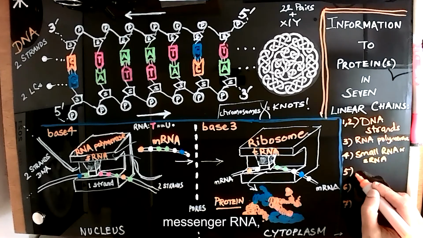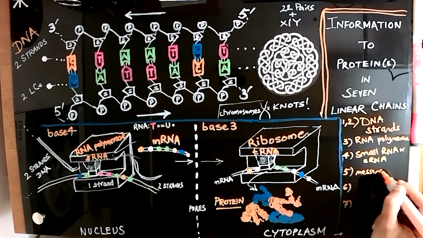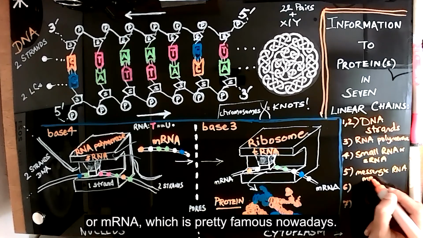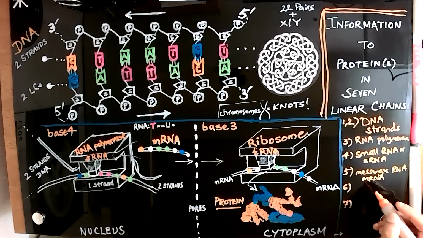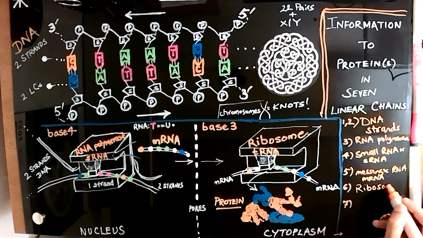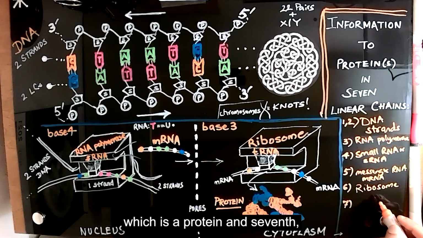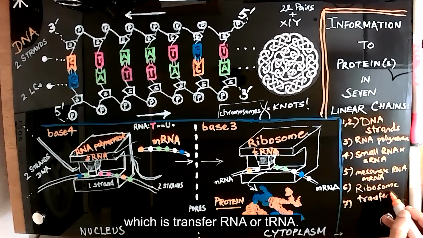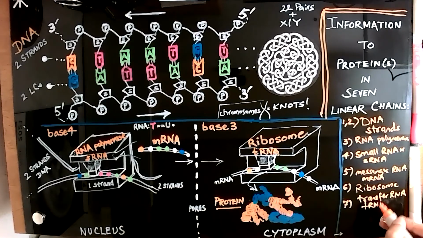Fifth, messenger RNA or mRNA, which is pretty famous nowadays. Sixth is ribosome, which is a protein. And 7th, which is transfer RNA or tRNA.